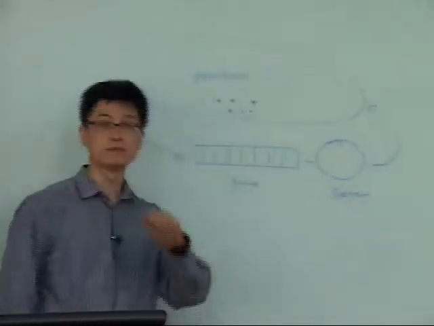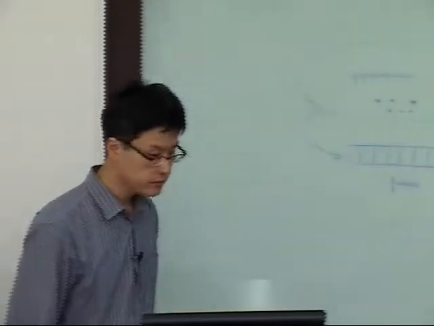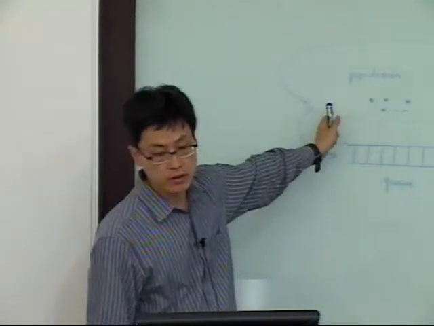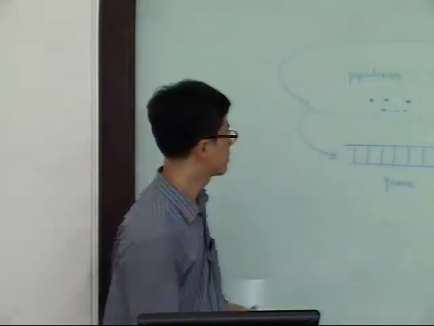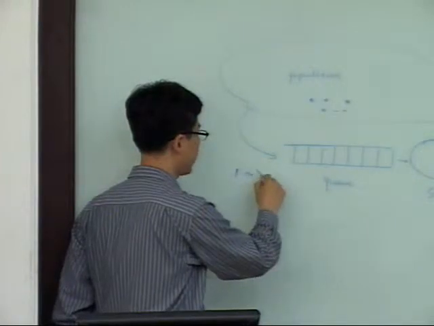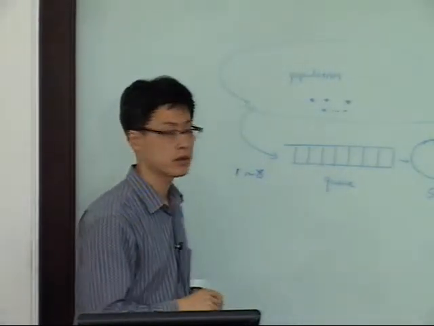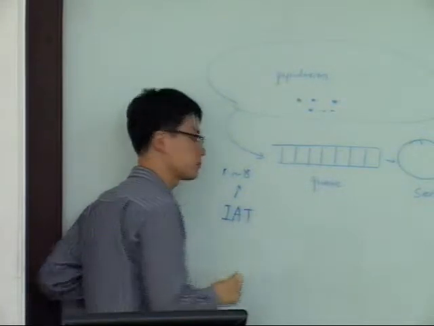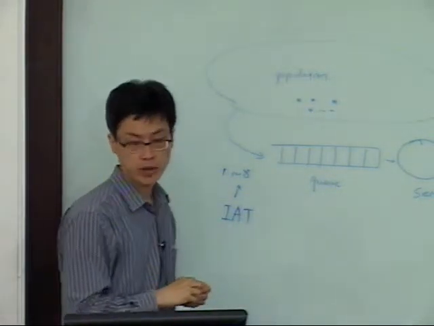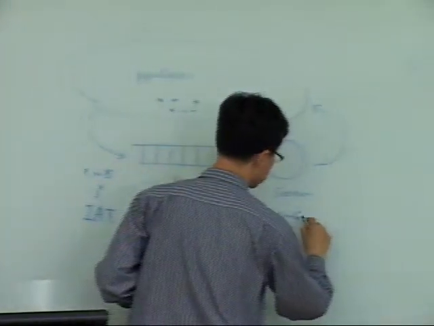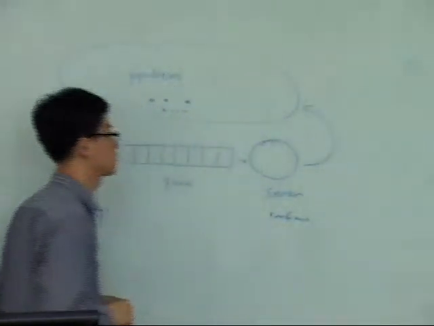Let's think of this example. Unlimited population, and customers arrive at the queue from 1 to 8 minutes apart, and we call this the inter-arrival time. Okay, and service time varies from 1 to 6 minutes.